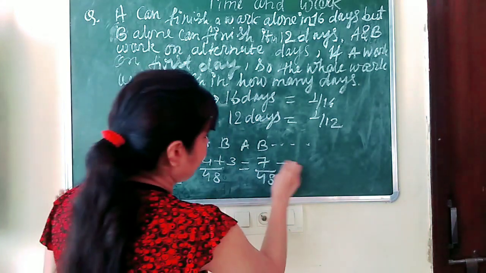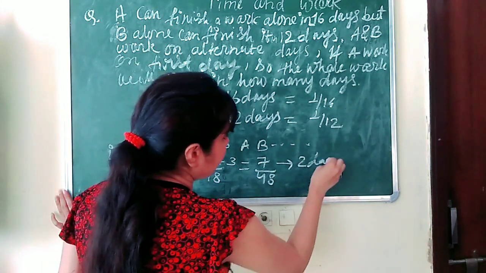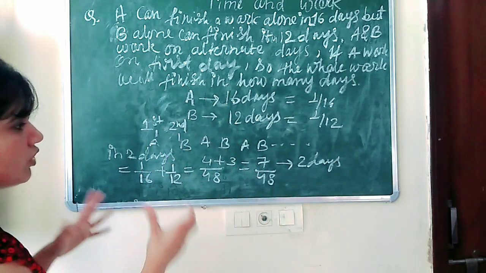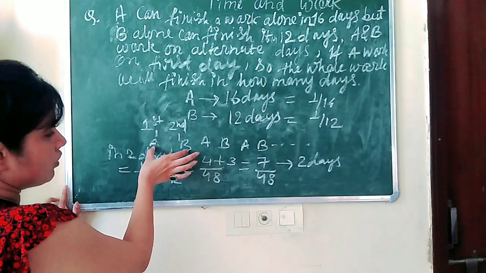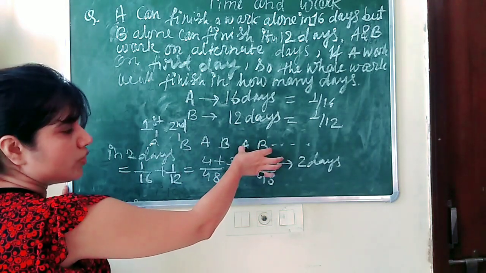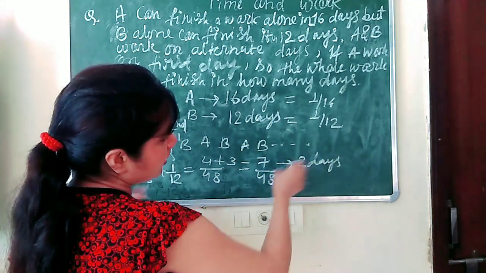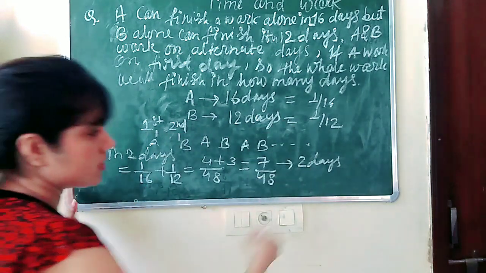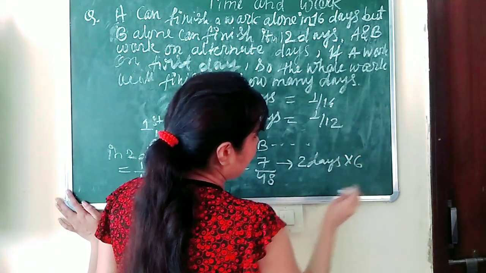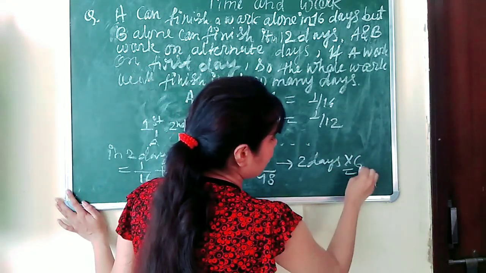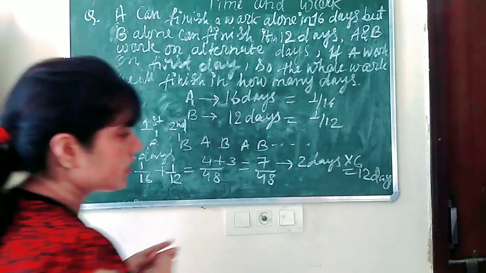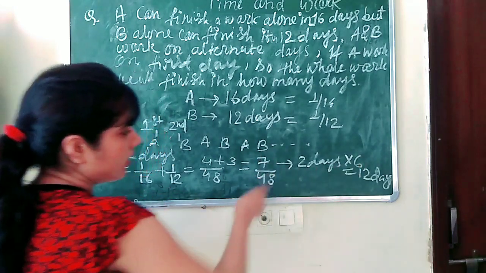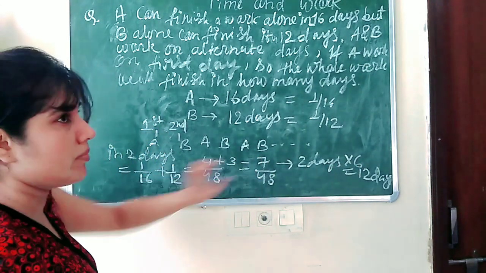Now they will finish the total amount of work. So this 2-day cycle will get repeated: first 2 days, second 2 days, third 2 days, fourth 2 days, and suppose it is repeated 6 times. So the total number of days will be 12 days, and this 6 we will multiply here with the amount of work.